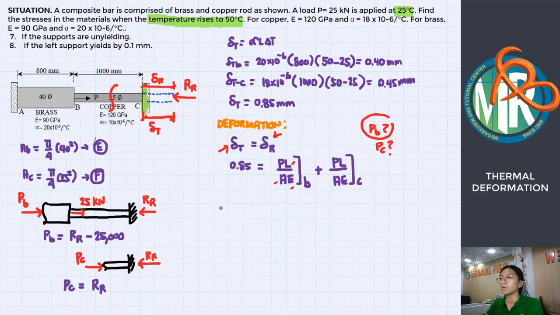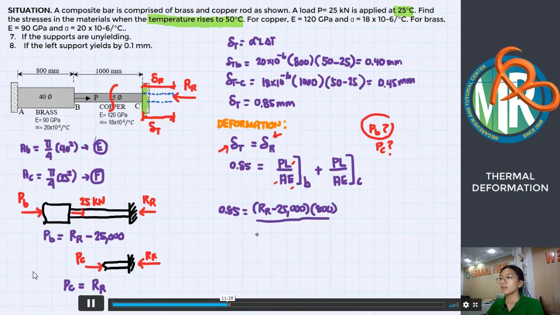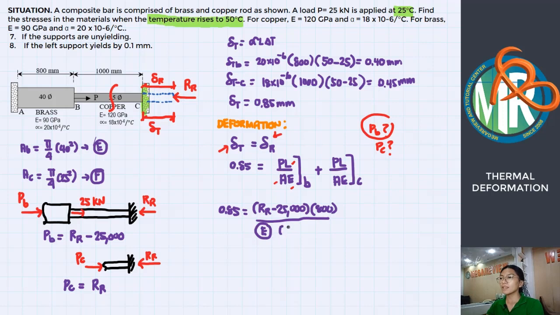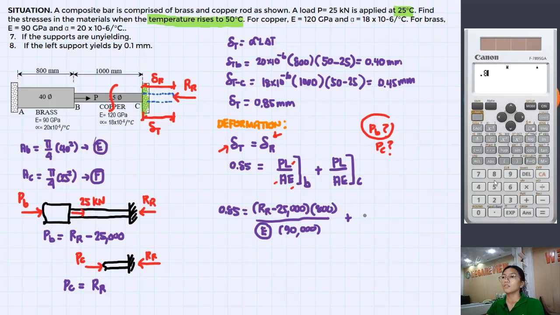You have here 0.85 equals force ni PB is this one, RR minus 25,000. Length is, ilan ba yung length ng ating brass rod? 800. Area of the brass rod nakastore kay E. Modulus of elasticity is 90,000. Plus, force ng copper is just the RR.